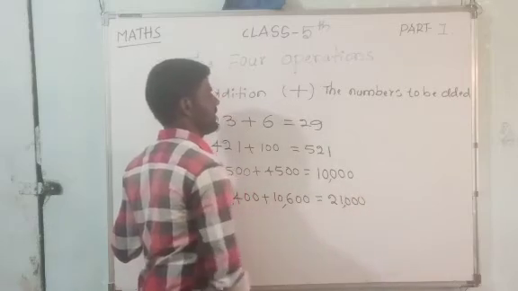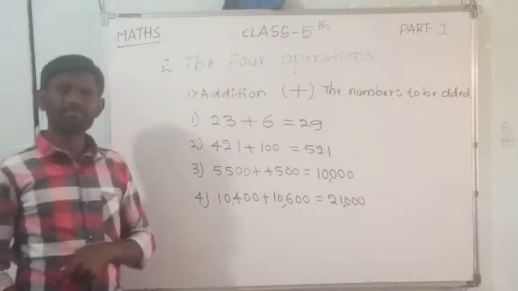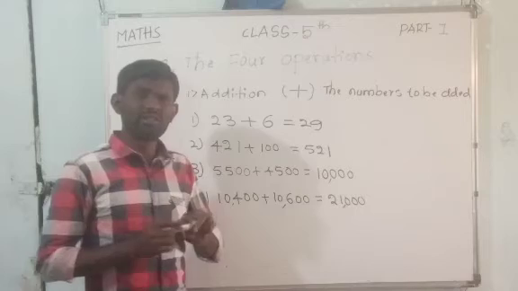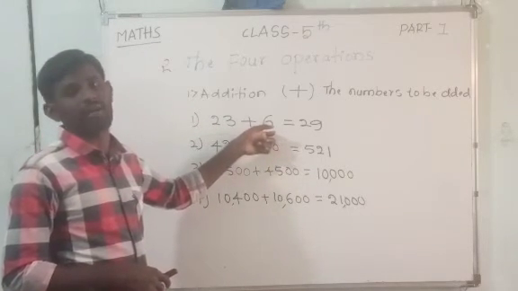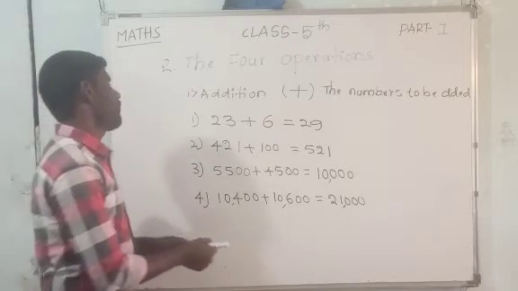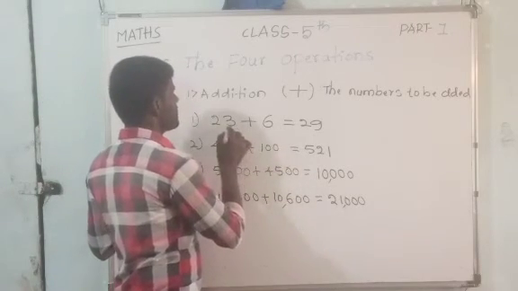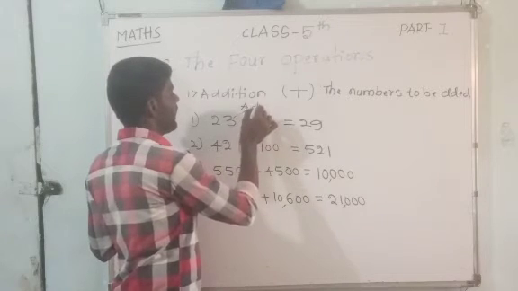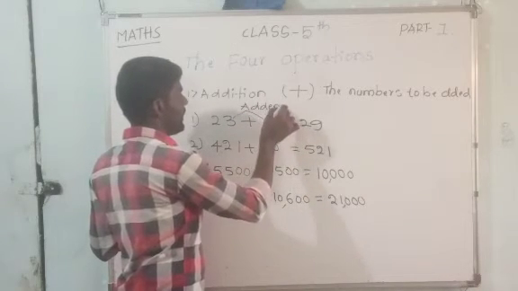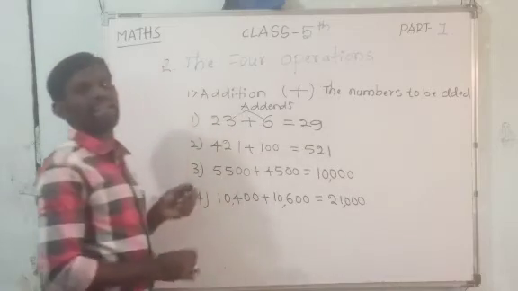Now you can observe the numbers 23 and 6. We call these numbers addends.